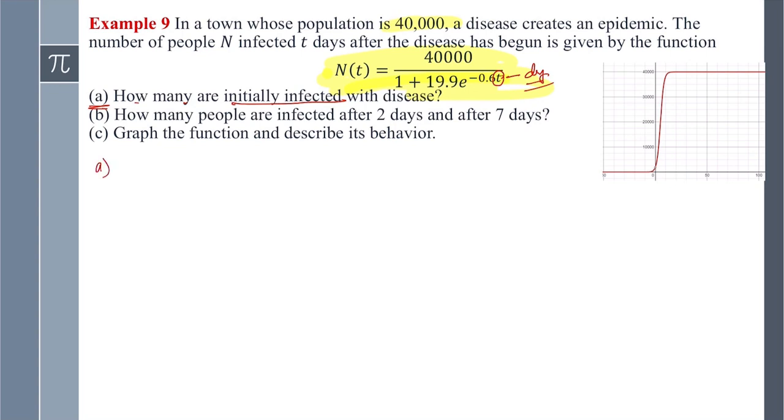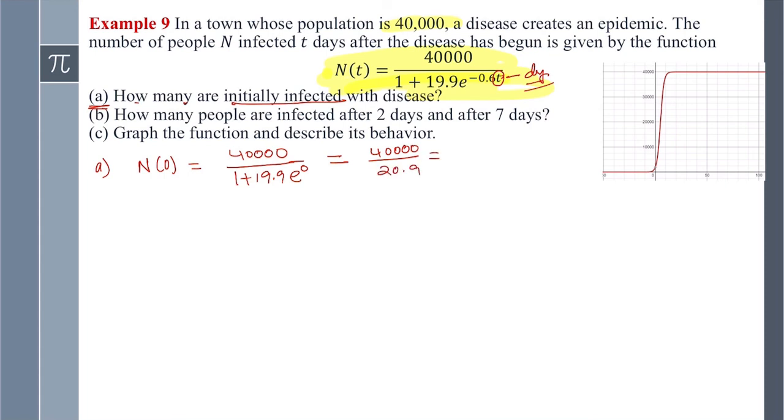So for part A, we have to find N of 0. Then we have 40,000 divided by 1 plus 19.9 e to the negative 0.6 times 0, which is 0. Now e to the 0 is 1, so we have 40,000 divided by 19.9 plus 1, which is 20.9.